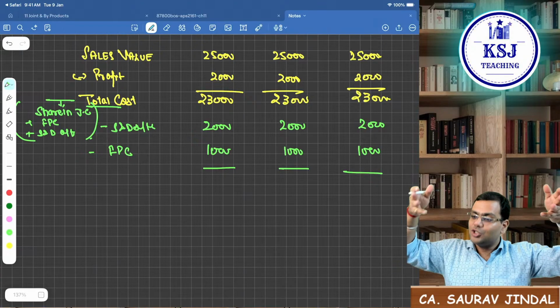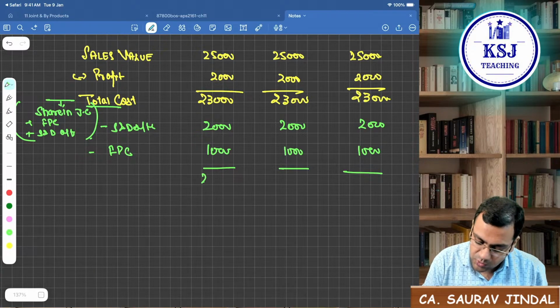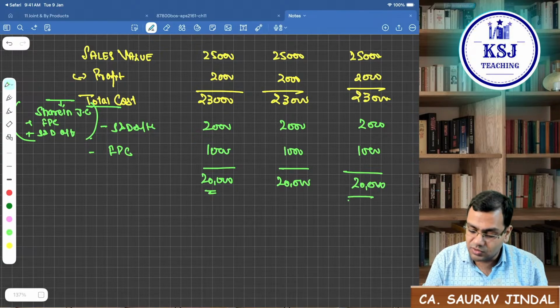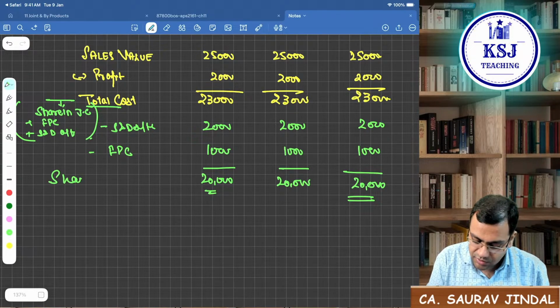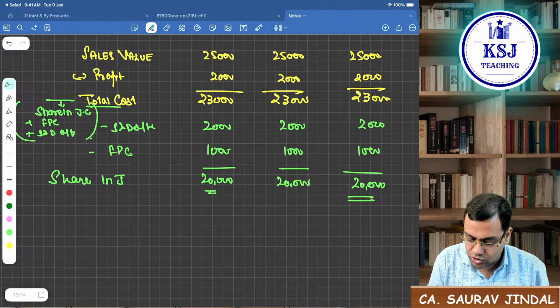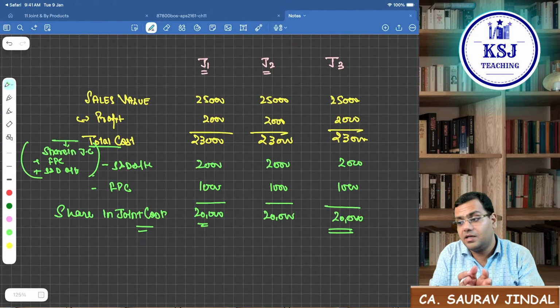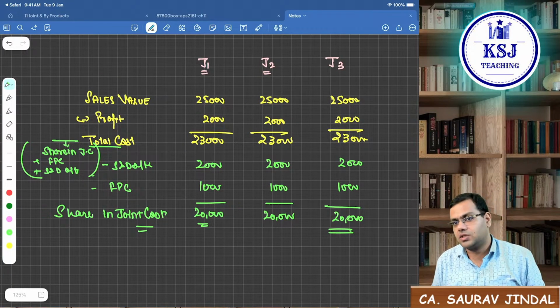What is left? Share in the joint cost. So this is 20,000, 20,000 and 20,000. So total 60,000 joint cost is distributed like this. If you go by the reverse cost method, it will automatically get distributed between the three products.